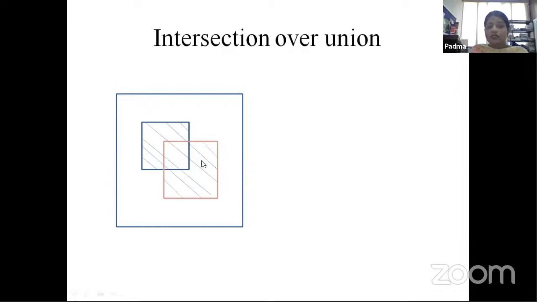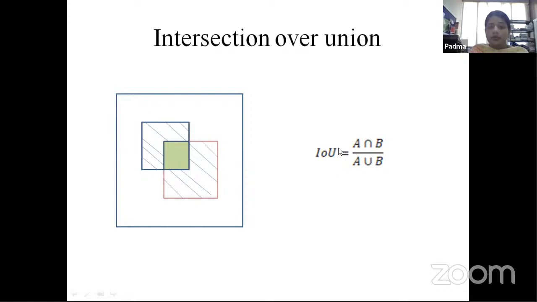Here union is the entire region of the ground truth as well as the predicted box, whereas the intersection is the area overlapped between the ground truth and the predicted.